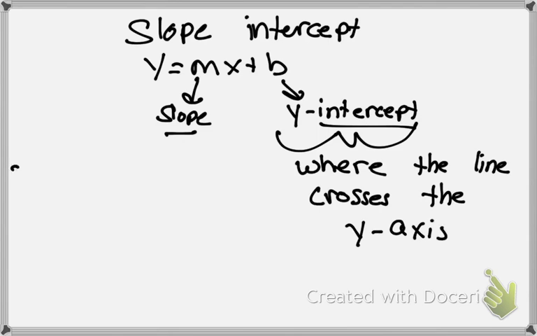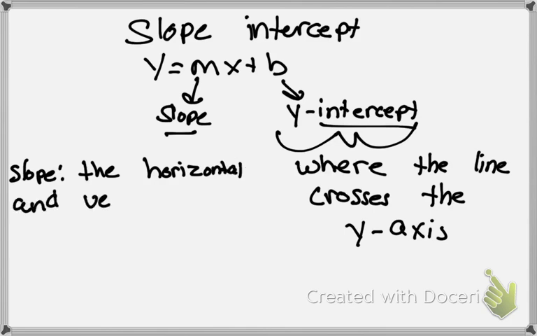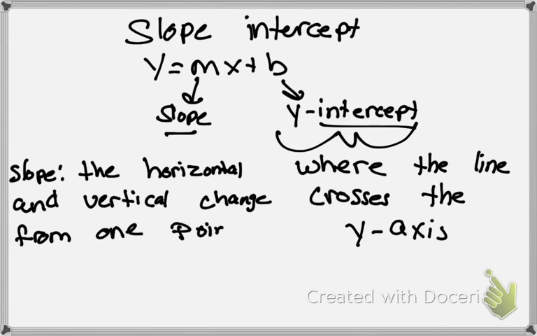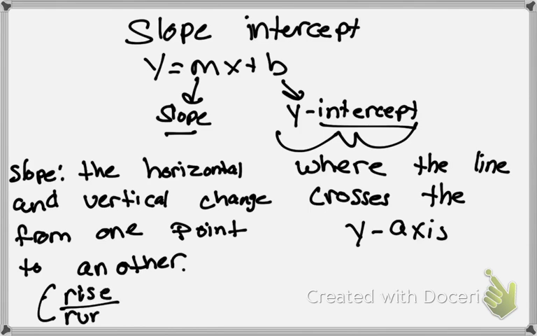So then the slope is described as the horizontal and vertical change from one point to another. Something even more commonly heard is rise over run.